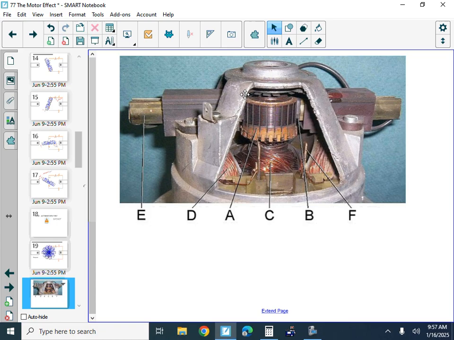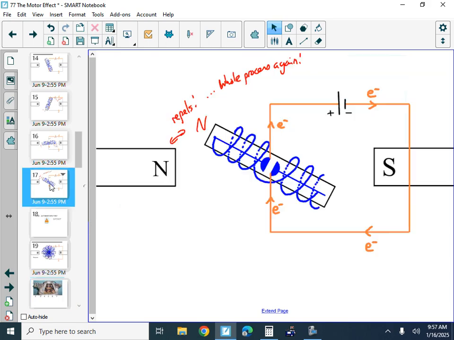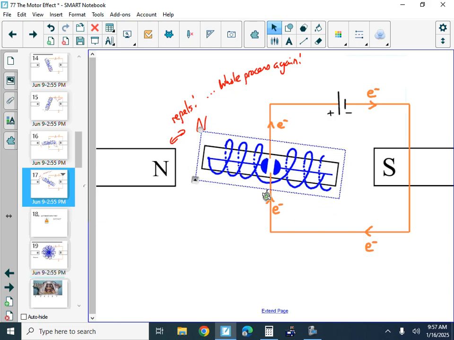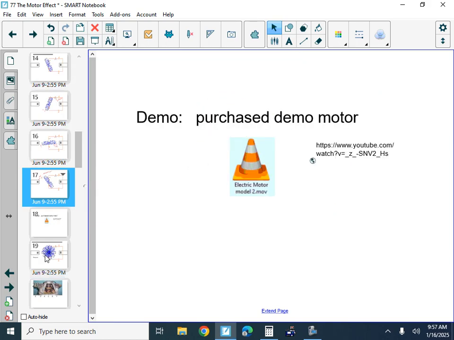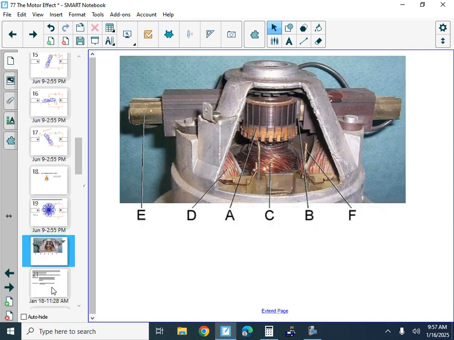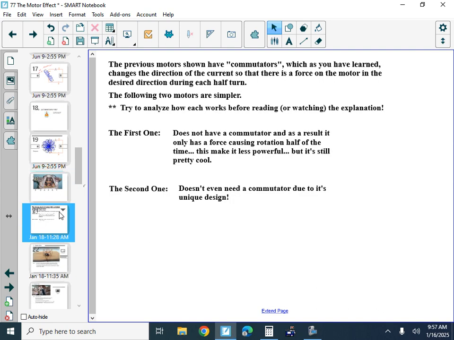You can tell this thing has like 30 or so sets of coils, so it's way more likely to start on its own when you put electricity on. Whereas this one, if it happened to be sitting like this, wouldn't start on its own. I always have to give it a little kick to get it going, and then it works nicely. So that is that.